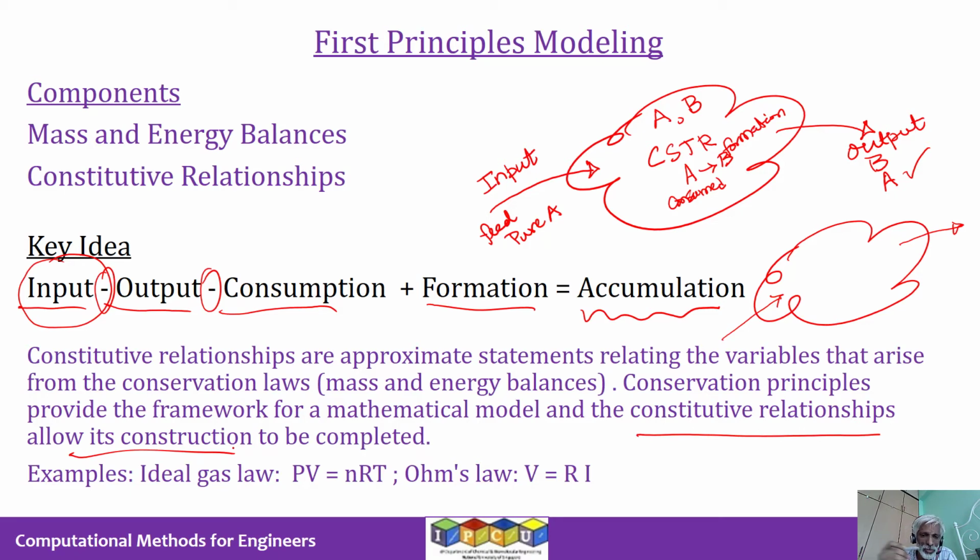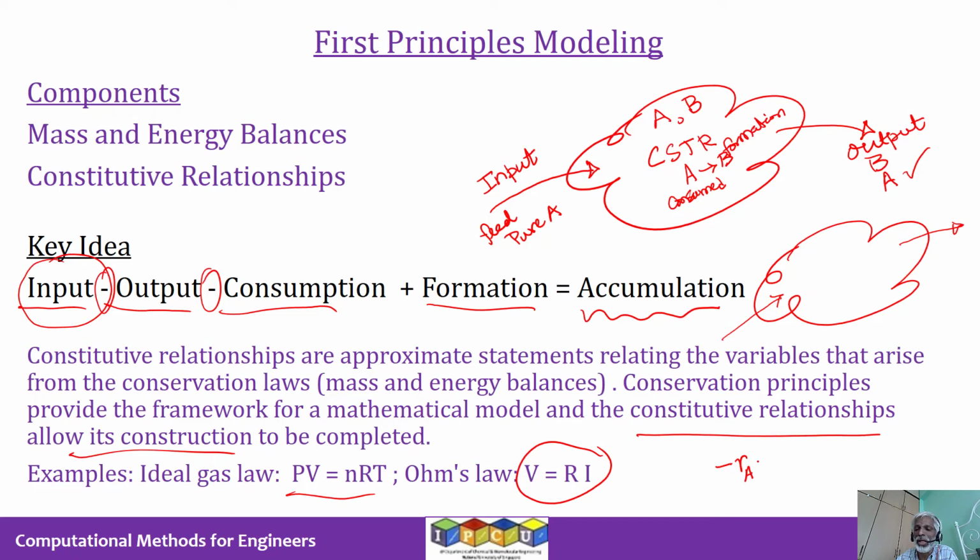So examples of constitutive relationships are equations of state like PV = nRT, and Ohm's law in electrical engineering, right? Voltage is equal to resistance multiplied by current. Another example of a constitutive relationship is the rate of the reaction, which is denoted as -rA. This minus is because we tend to indicate that A is consumed in the reaction, right?